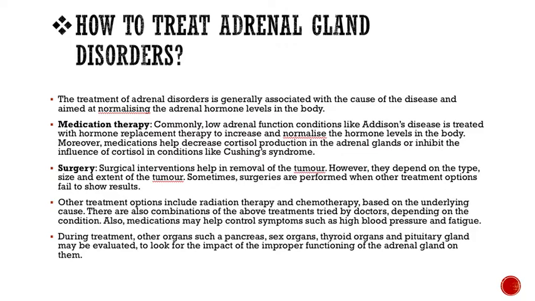Also, medications may help control symptoms such as high blood pressure and fatigue. During treatment, other organs such as pancreas, sex organs, thyroid organs, and pituitary gland may be evaluated to look for the impact of the improper functioning of the adrenal gland on them.